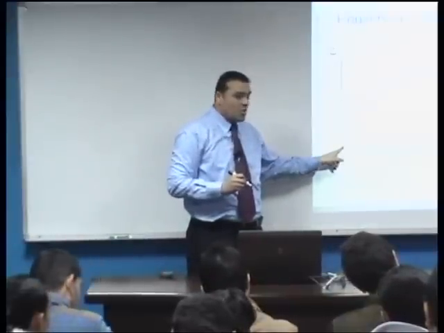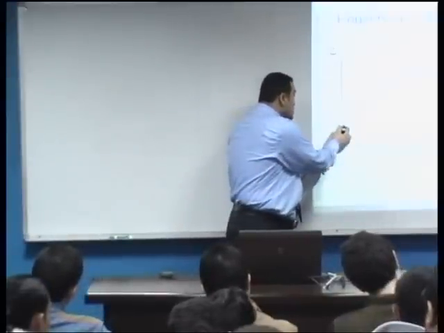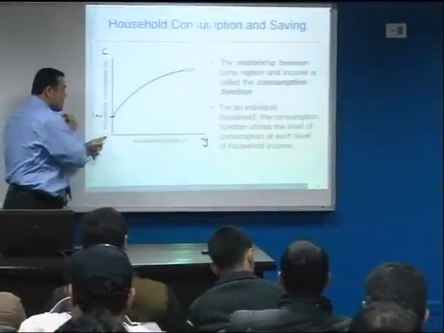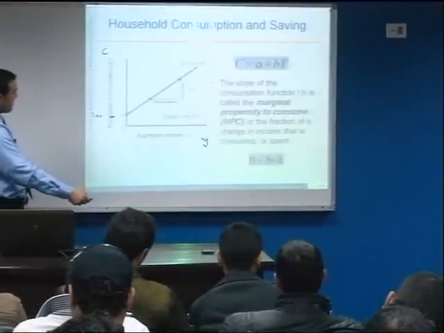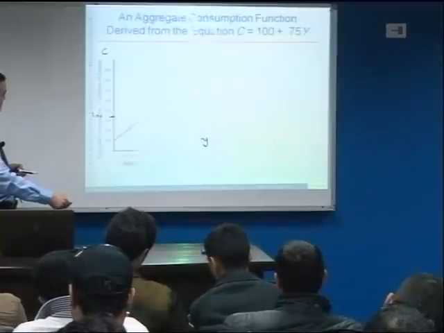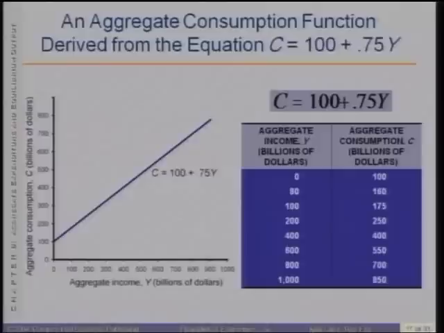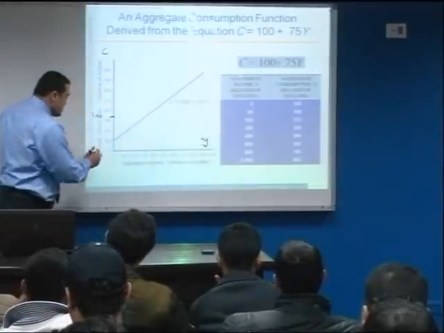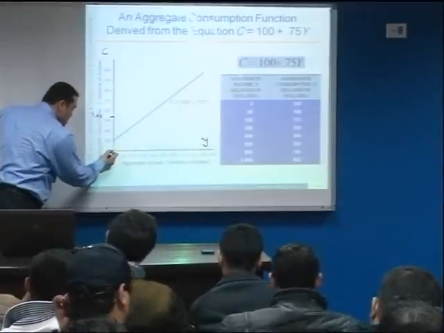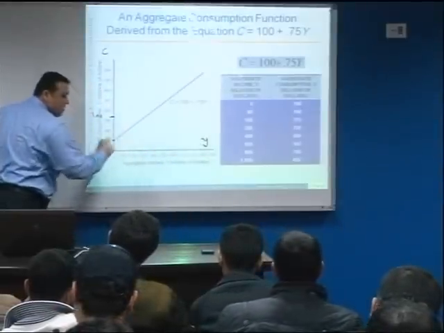When your income equals 0, how much is C? 100 in our example, right? In this example, this is the consumption function, C and Y. When income equals 0, how much is C? 100.